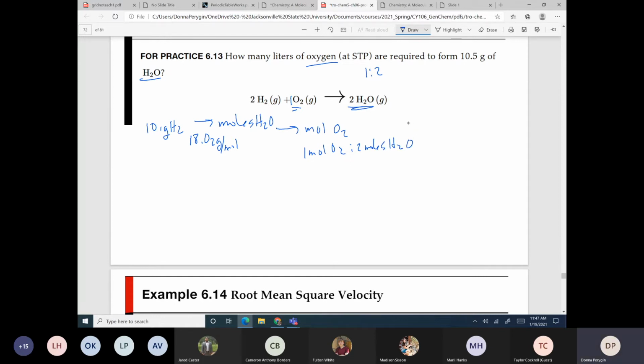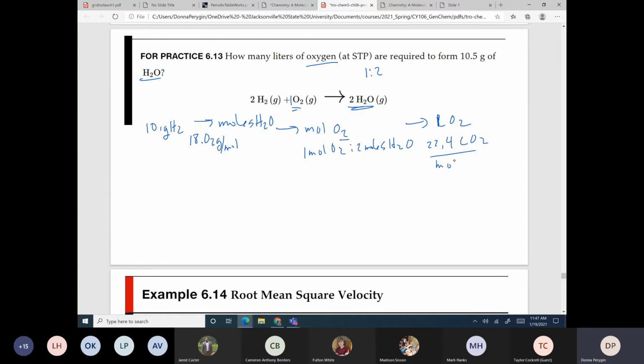Okay, and then I can convert moles of O2 to liters. And that's what we wanted, 22.4 liters of O2 per mole of O2. That's supposed to be liters, okay? All right, so this is a straightforward calculation, so let's go ahead and get started.